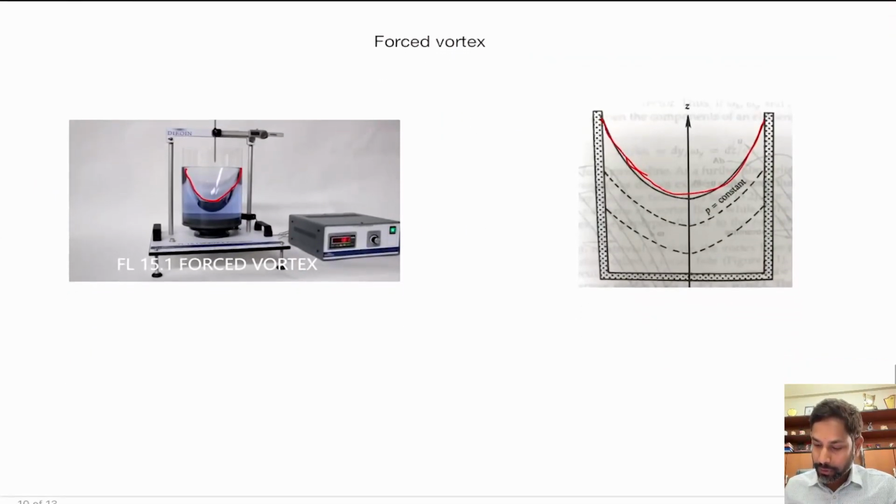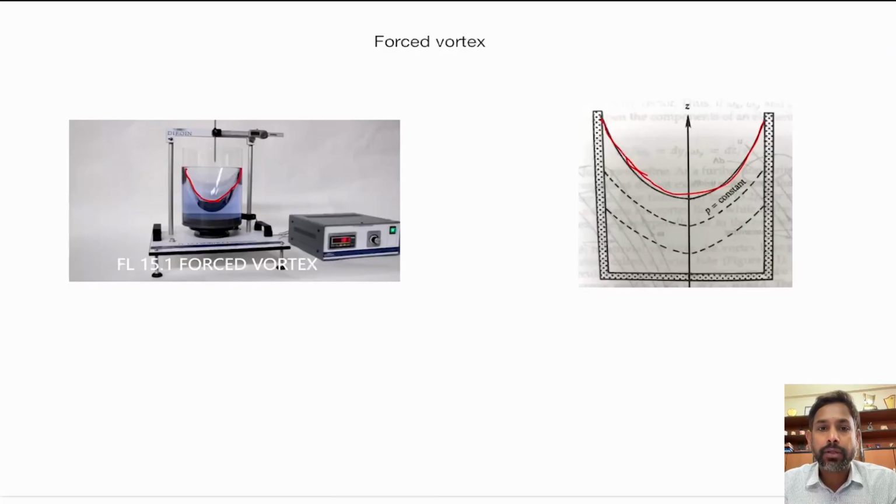All right, so in this particular case, we are at the moment solving for forced vortex, and we assume that the forced vortex is already developed. What I mean by that is, consider you take a glass of water, and when you start rotating it, originally the water level is flat at the top, but slowly the level goes down, and then there will be a point, based on the speed of rotation, when this shape will be achieved, and this shape will now remain constant, right?